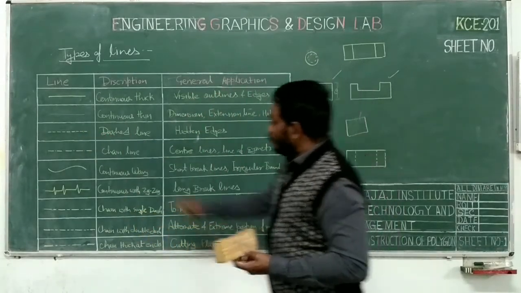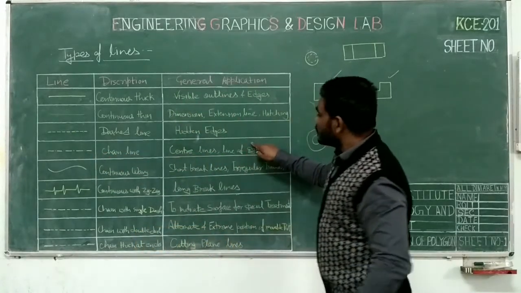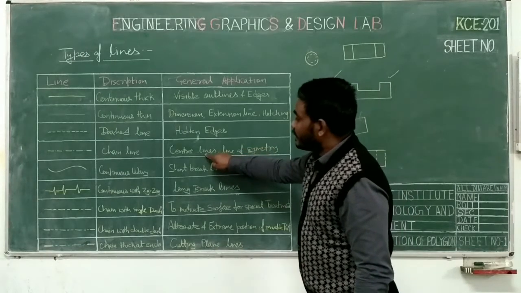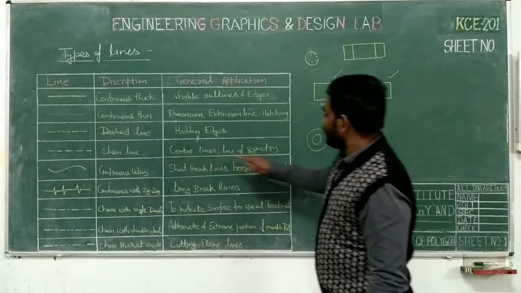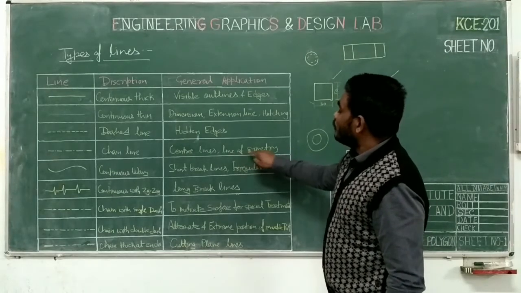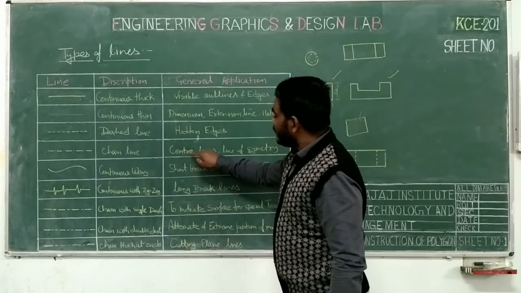After that we have chain line, and it is clearly mentioned and written here. Chain line is used to indicate center line, or this chain line can be used as line of symmetry. What does it mean? Chain line is used to indicate center line.